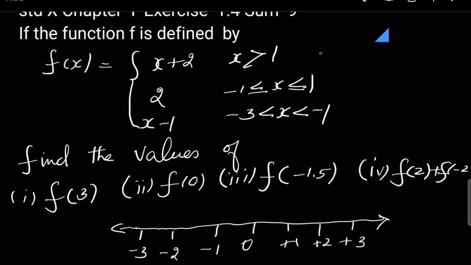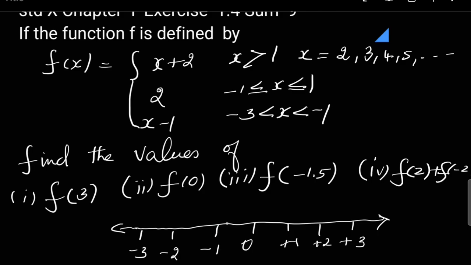So after 1 you write: x takes the values 2, 3, 4, 5 and so on. So the function f of x equals x plus 2 for x as 2, 3, 4, 5 and so on.